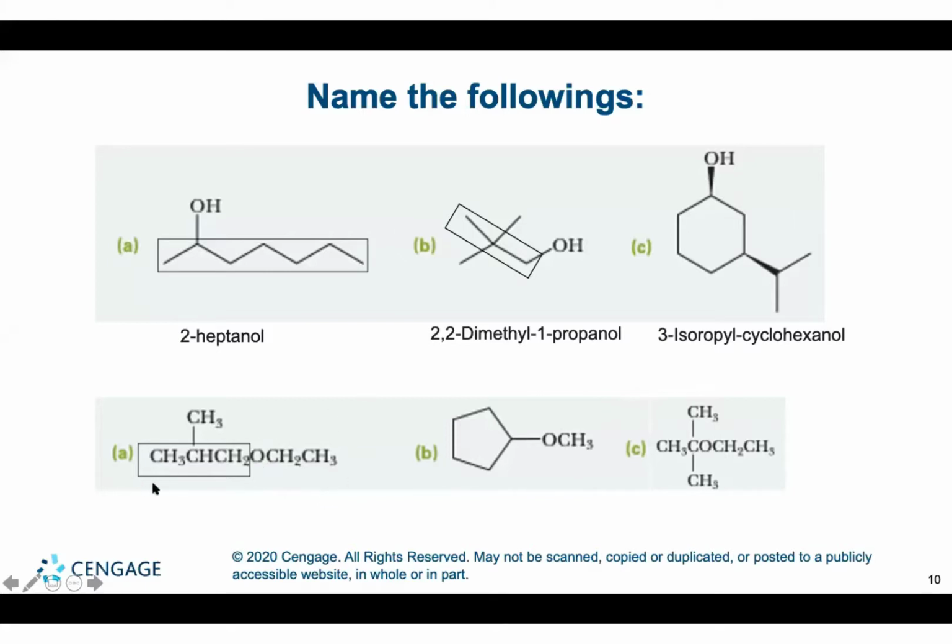When I write them down, I should go based on alphabetical order. It's going to be ethoxy, this is ethoxy, 2-methylpropane. Ethoxy 2-methylpropane.